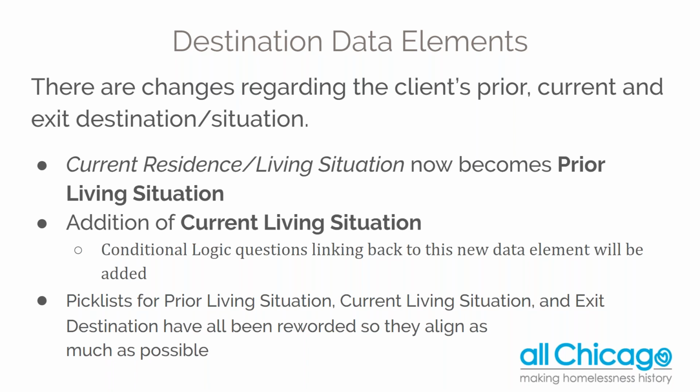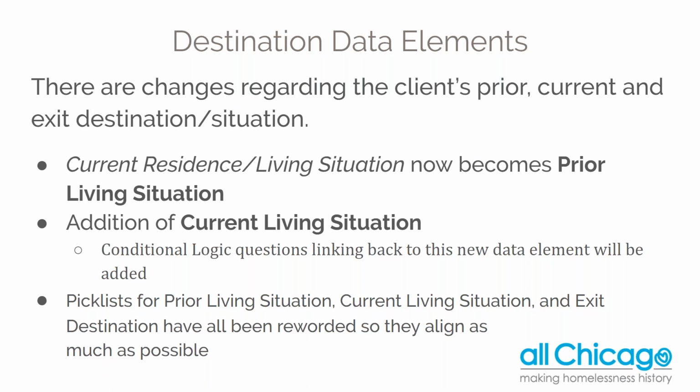Then we have the addition of a new question called the current living situation. The current living situation is not where the client was the night before. It's where is the client now? One other thing to note is that the pick list answers for each of these questions, prior living situation, current living situation, and exit destination, are going to be reworded so that they align as much as possible.